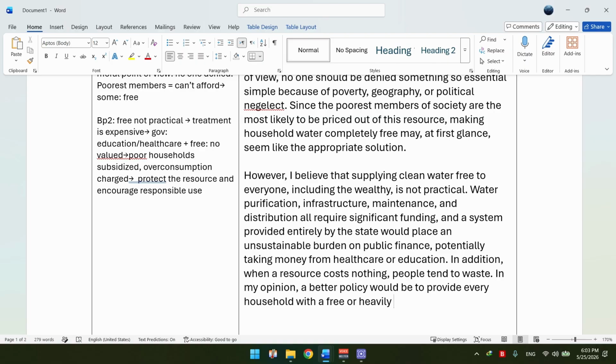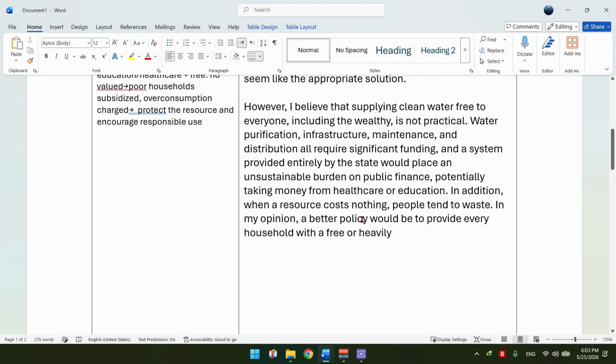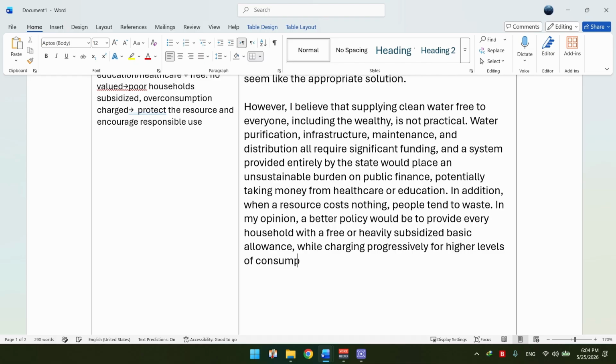If the government cannot go completely free for everybody, it can be heavily subsidized to a degree, while charging progressively for higher levels of consumption. If you use more water, the charges go higher and higher.